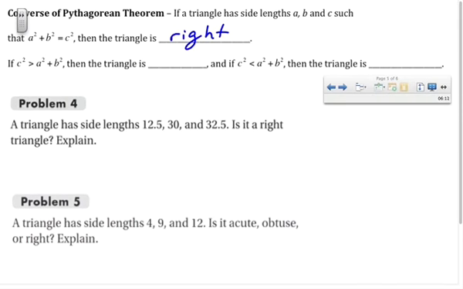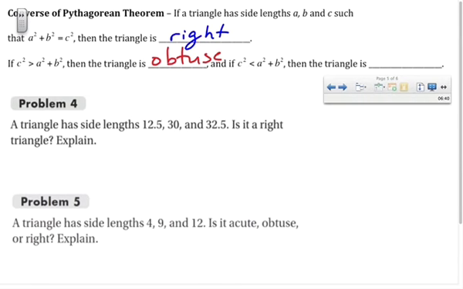Okay? And what I mean by that is, look at what it says in your notes. If c squared is greater than a squared plus b squared, what does your gut instinct want to think that this is when you see that greater than sign? Obtuse. Exactly. Whereas, if you were looking at this inequality the other way around, you'd be looking at the same numbers, but you'd be looking at a less than sign.